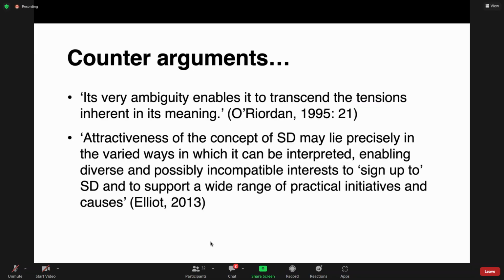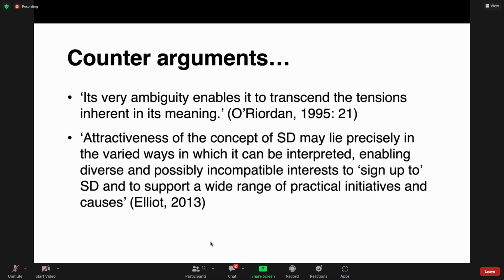So when we have that diversity, that flexibility, to view it from different perspectives, we can bring together different groups that might have incompatible interests, various different interests, to sign up to one concept and put in place practical initiatives and causes.